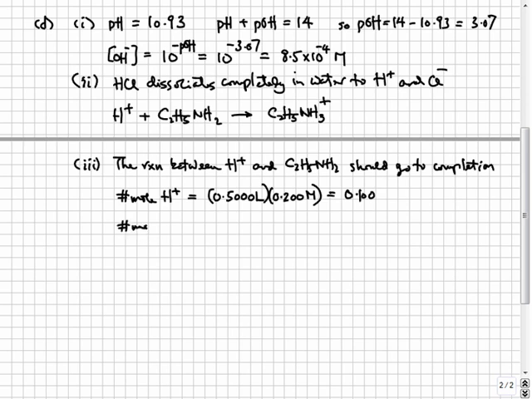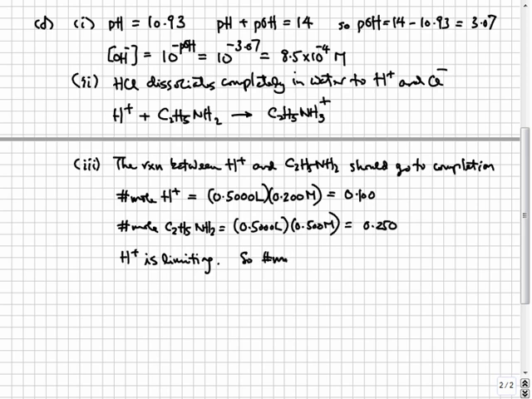The number of moles of the other reactant, C2H5NH2, is 0.250. Because the stoichiometry is 1 to 1, H+ is the limiting reagent and it controls the number of moles of products formed. The number of moles of C2H5NH3+ formed is 0.100 mole.